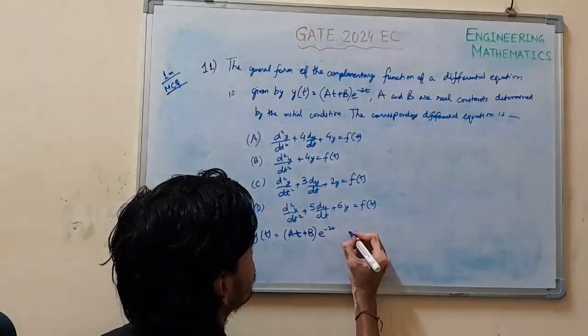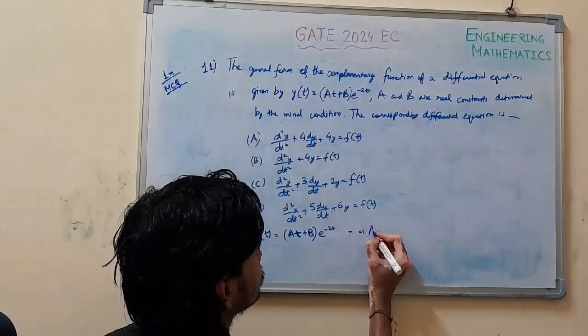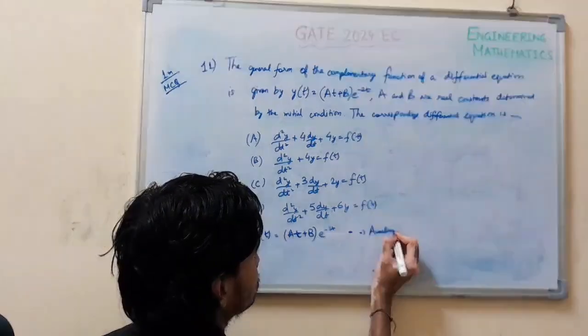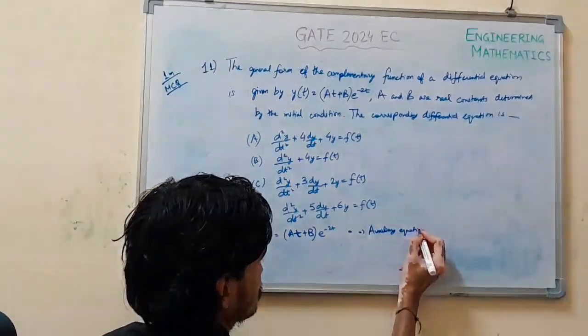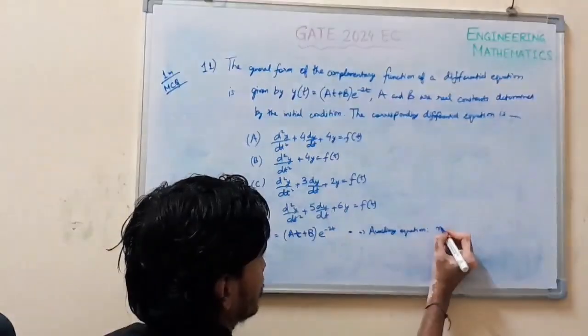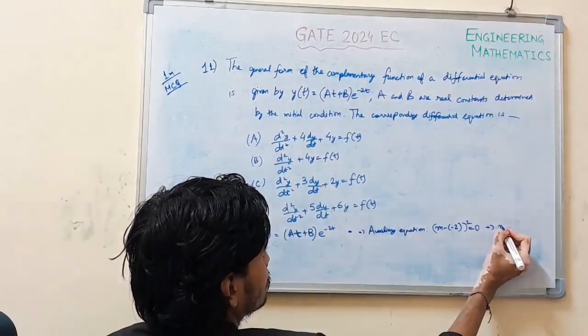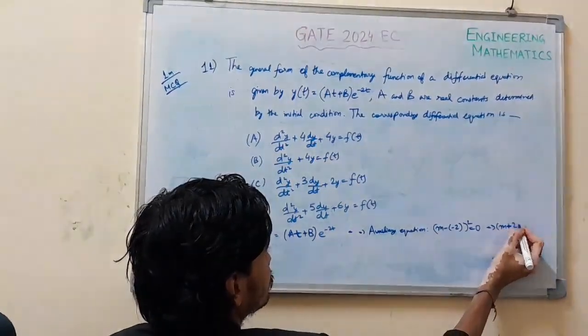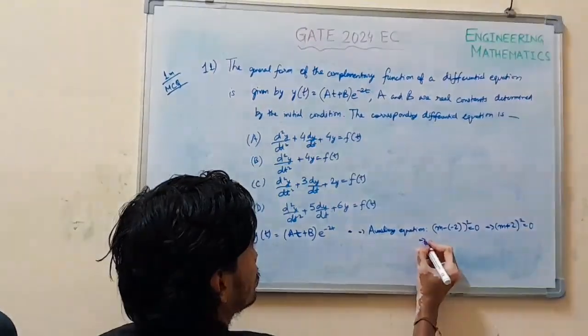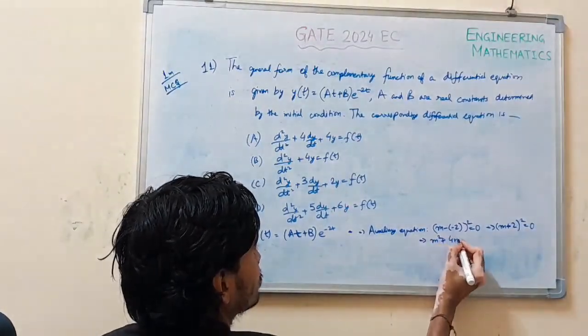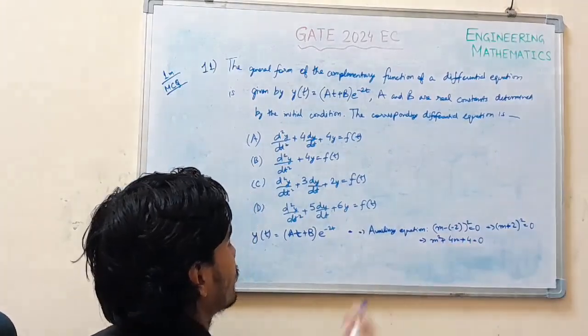So the auxiliary equation will be (m minus (minus 2)) whole square equal to 0, (m plus 2) whole square equal to 0, m square plus 4m plus 4 equal to 0.